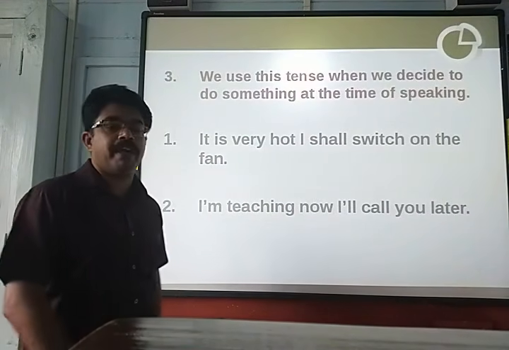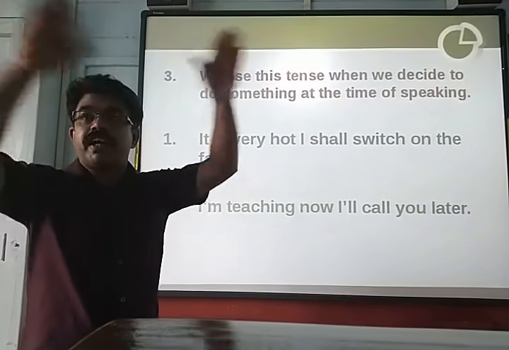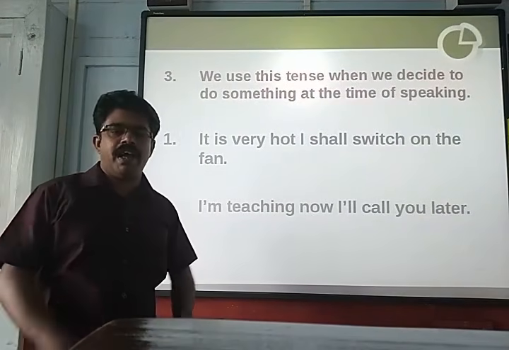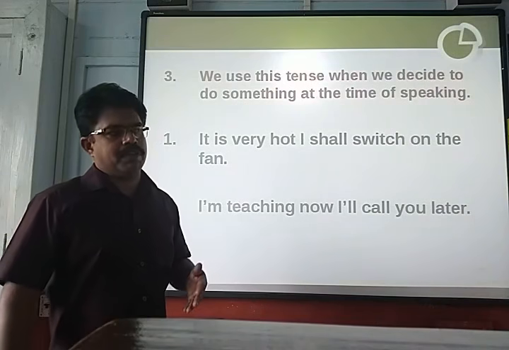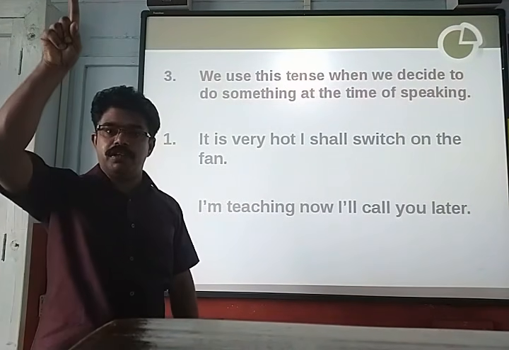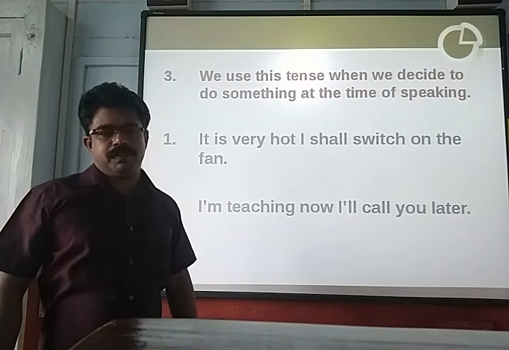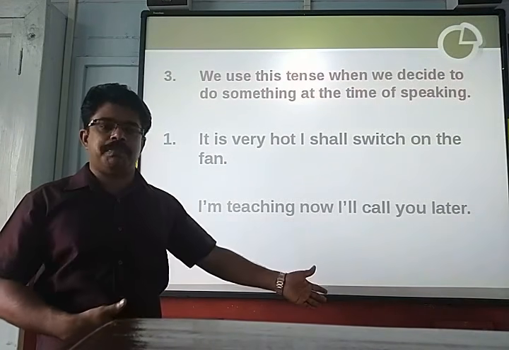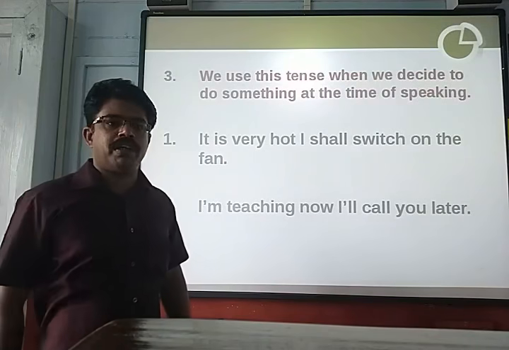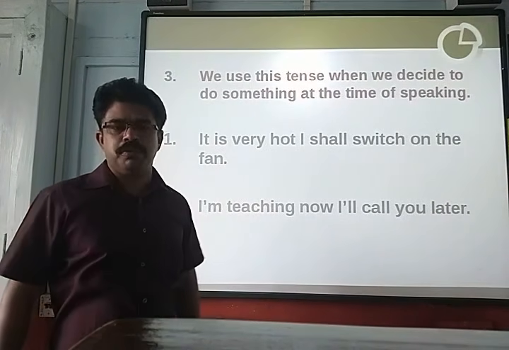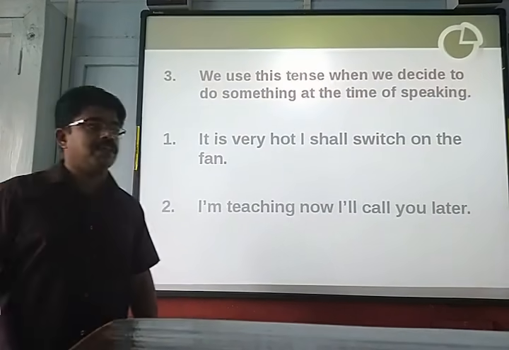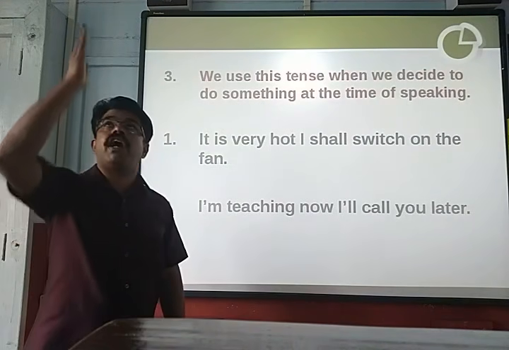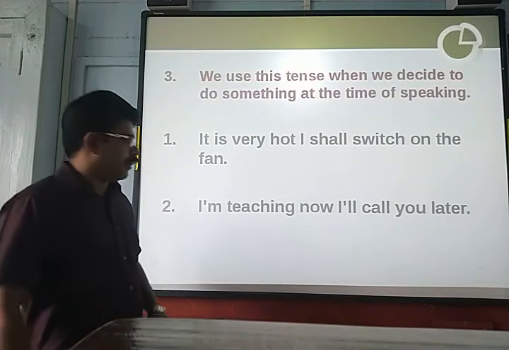I shall switch on the fan. Now, we are experiencing something here and immediately reacting to it. So making a decision based on some other experience, we are jumping to another conclusion or deciding to do something. It is very hot, therefore I shall switch on the fan.